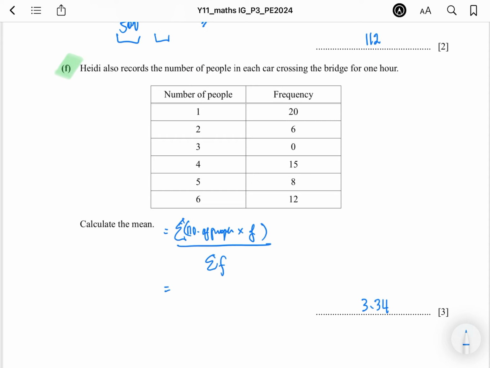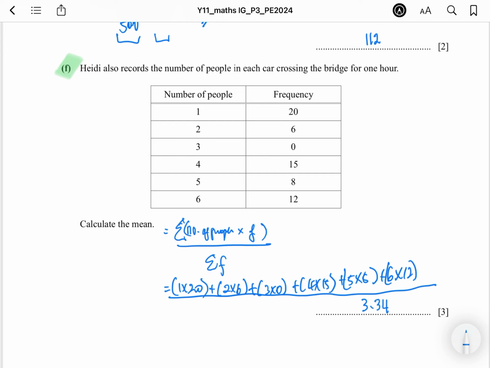So basically that means 1 times 20, number of people times frequency, plus 2 times 6, plus 3 times 0, plus 4 times 15, plus 5 times 8, plus 6 times 12, and you divide by the total frequency. That would be 20 plus 6 plus 0 plus 15 plus 8 plus 12.